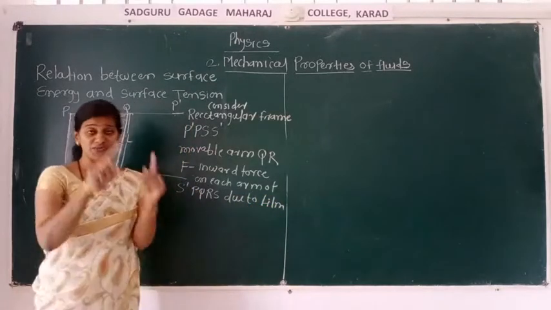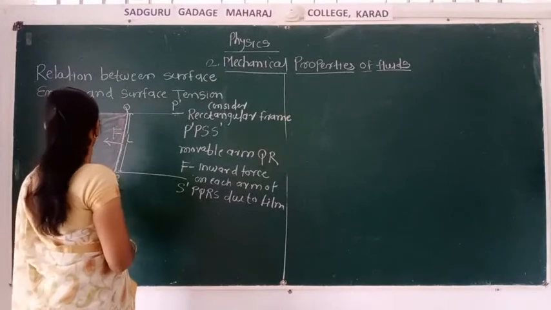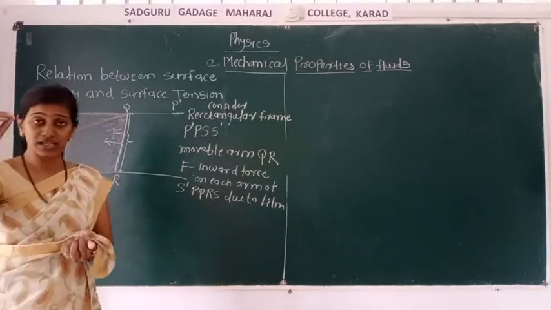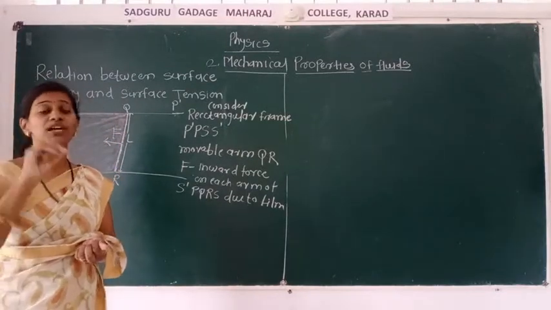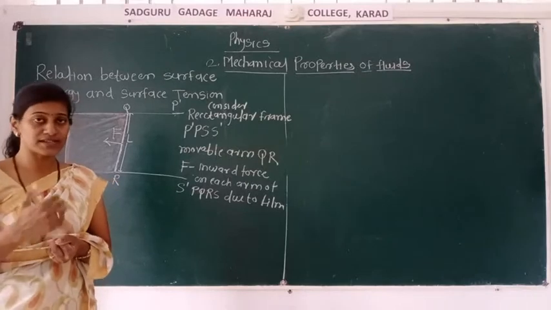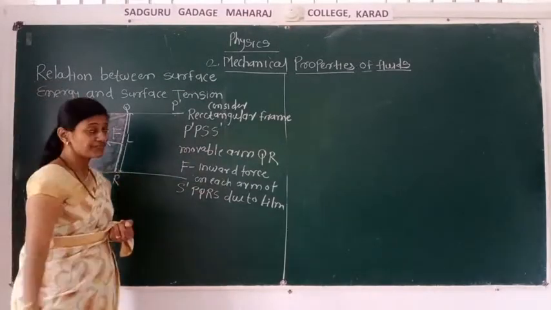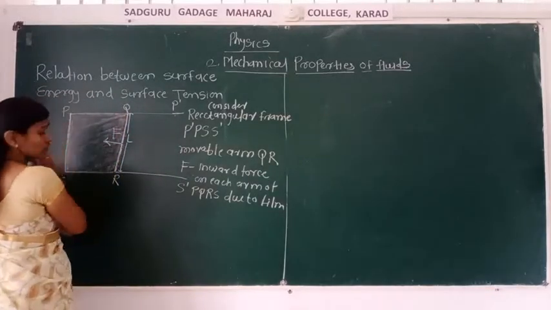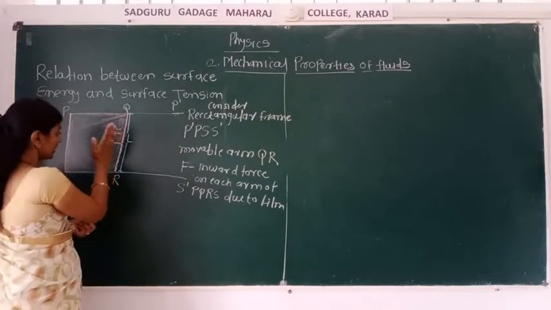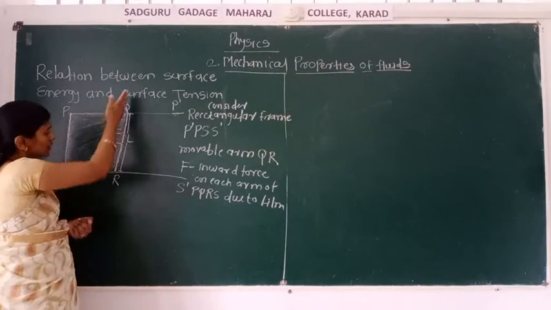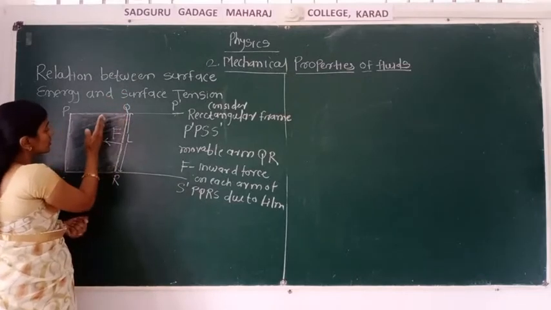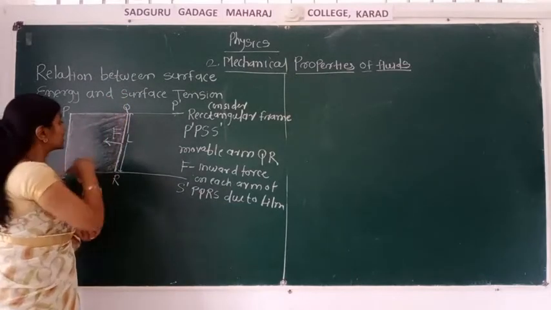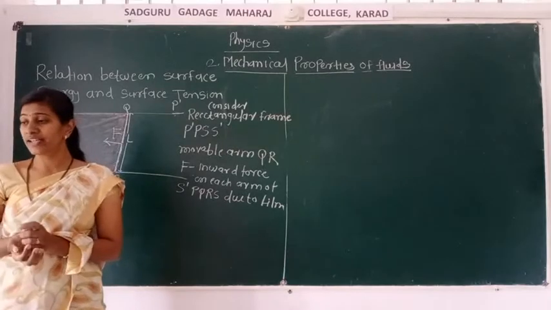Because the film is formed in that portion PQRS, and due to that film, on each side of PQRS the force is present. The force is inward, so that QR tries to move toward the PS. If it moves toward the PS, the surface area is going to decrease.